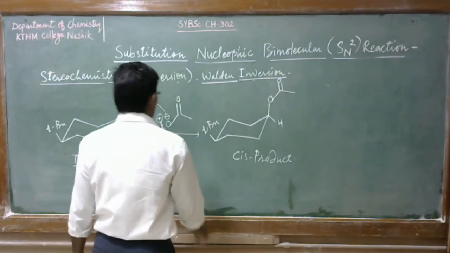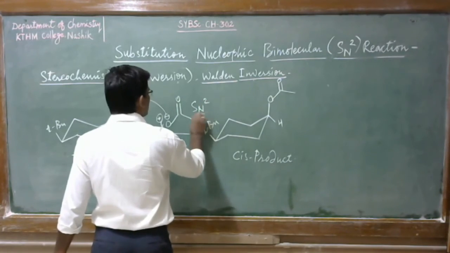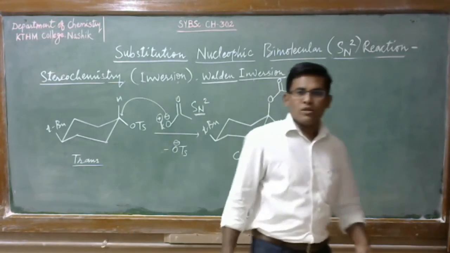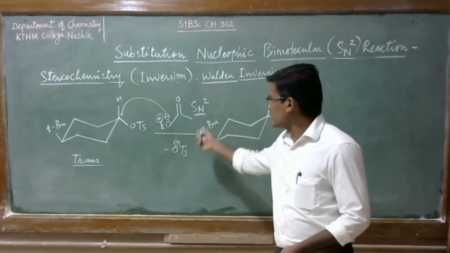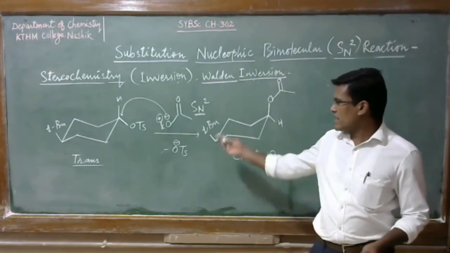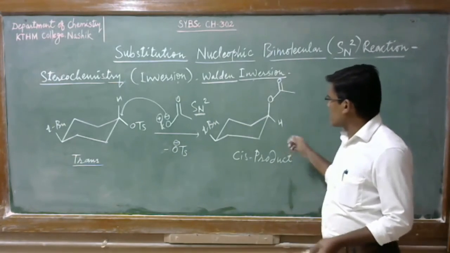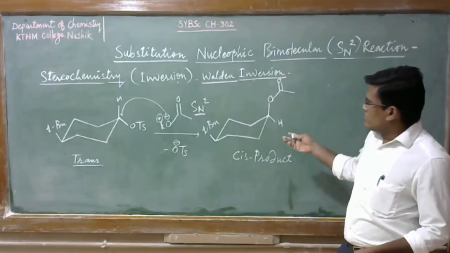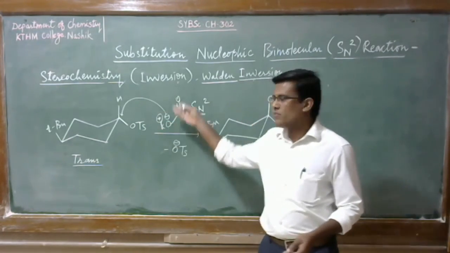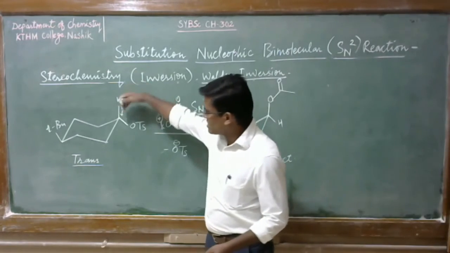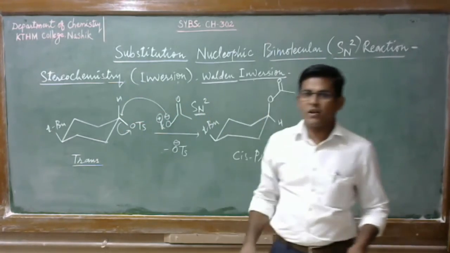This is our SN2 reaction. When this tosylate derivative reacts with the potassium salt of acetate, we get this cis product, because the acetate nucleophile will attack from the axial side and the tosylate group will get departed.